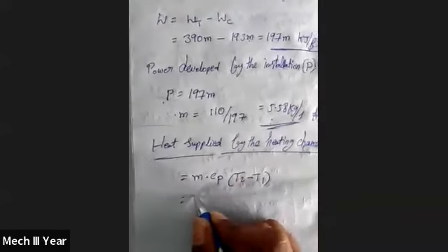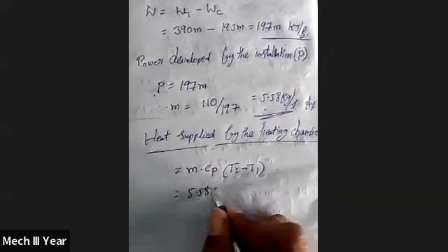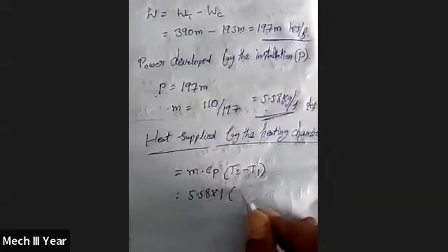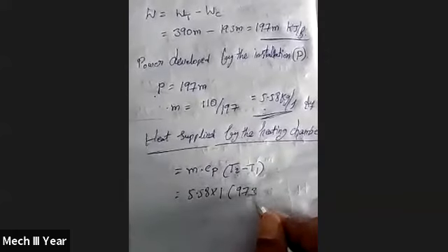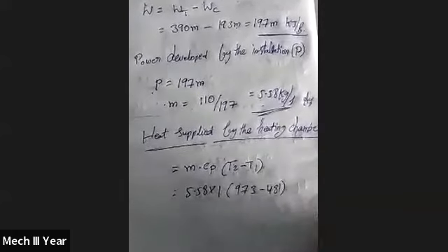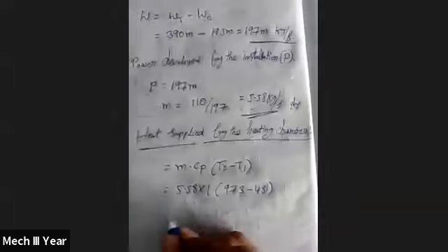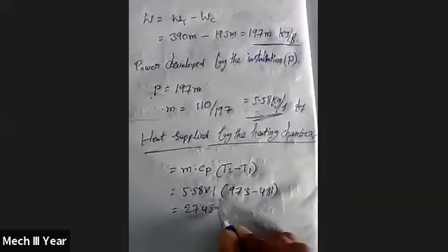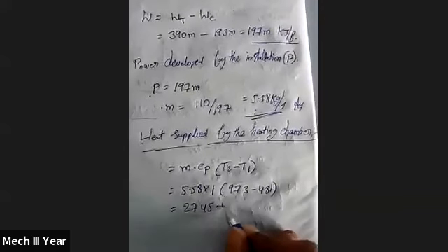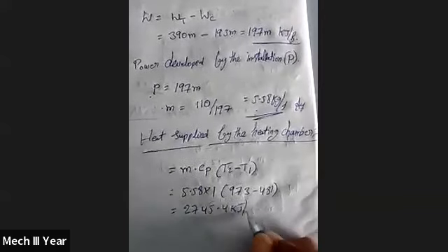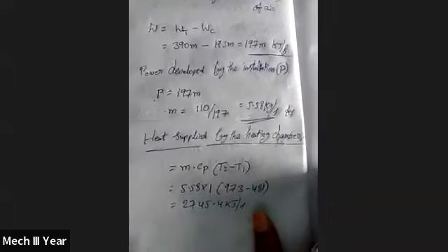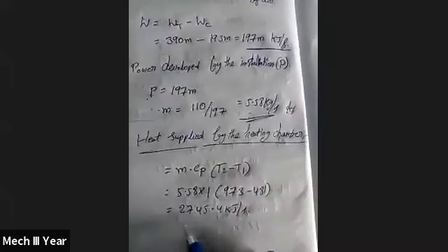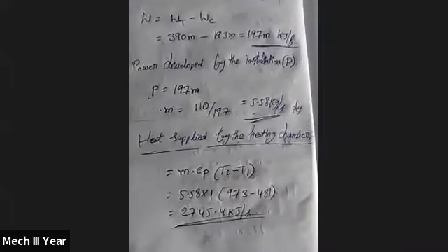Now M we already found as 5.58, Cp we take as 1, T2 we know, T1 we know. So then you can solve this. Approximately we'll get the answer here 2745.4 kilojoules per second. Okay, this is the solution part of this problem.